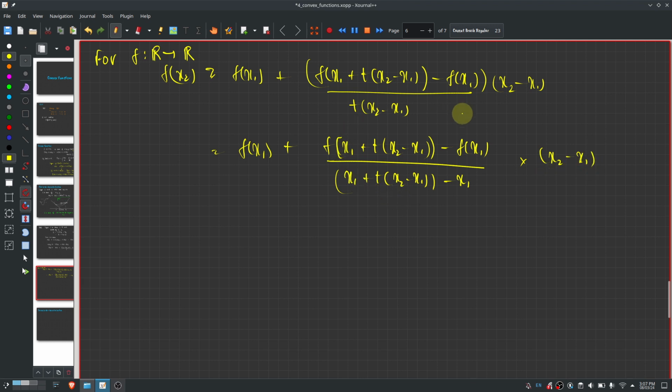This is true for all t between 0 and 1, so as t tends to 0, this quantity tends to d by dx of f, which is just f dash of x1.